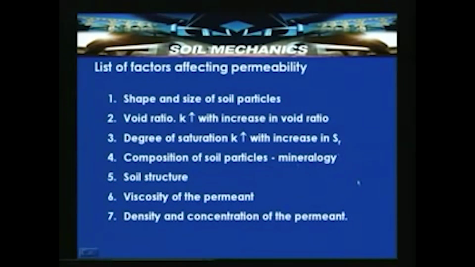Composition of soil particles, we said that the mineralogy also plays a great role in influencing the coefficient of permeability for fine grained soils. Soil structure, that is whether it has flocculent structure or dispersed structure, the effect of soil structure also we have discussed. Then viscosity of the permeant, density and concentration of the permeants are the other factors affecting the coefficient of permeability.